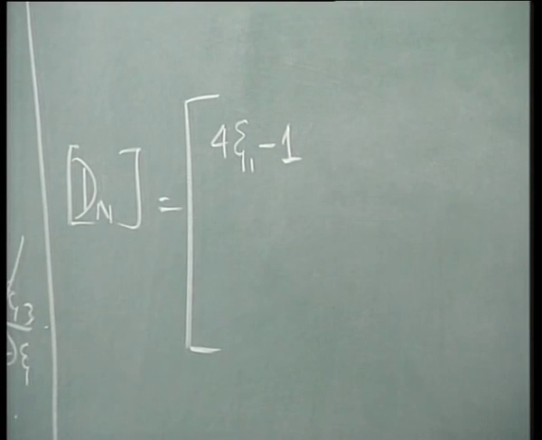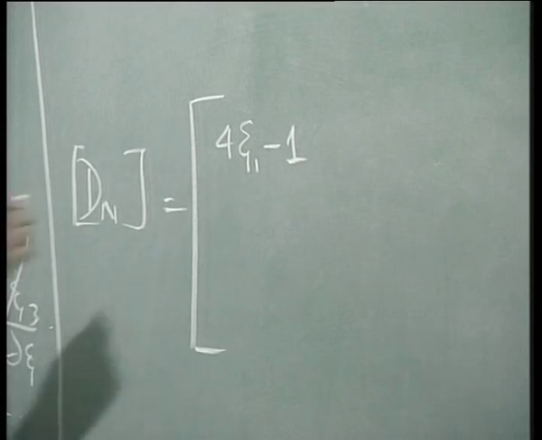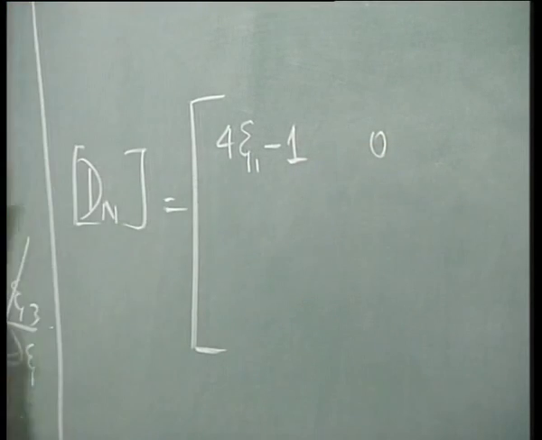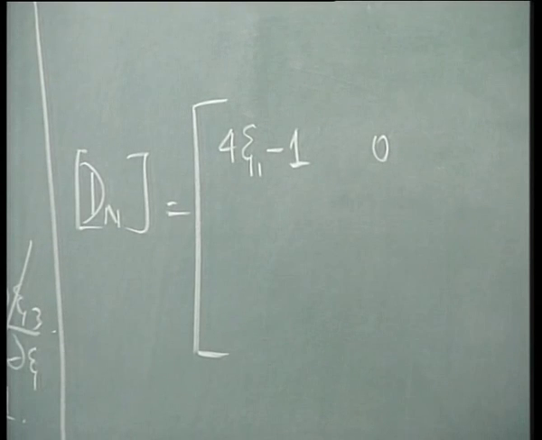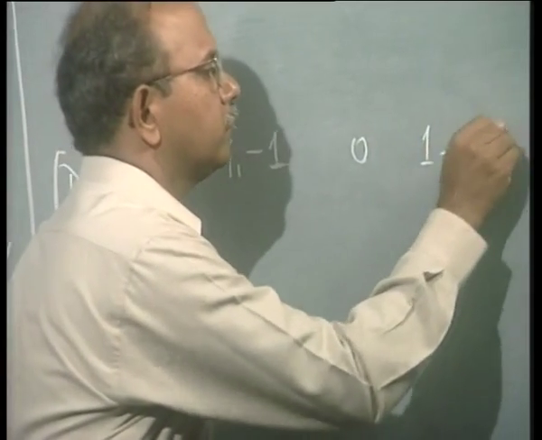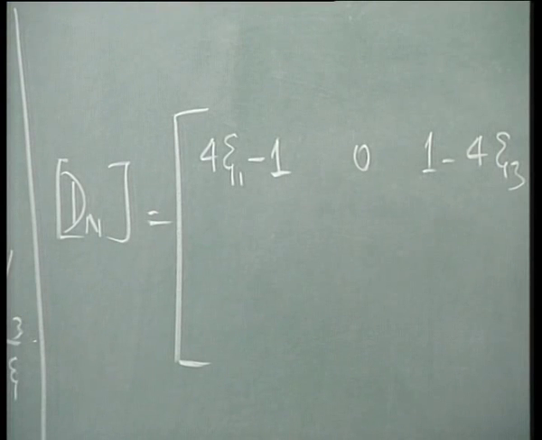Okay. Now, what is your next entry? 0, and fantastic. What is your third entry? 1 minus 4 psi 3, right. 1 minus 4 psi 3 and so on. I am sure now you will be able to fill it up, right.